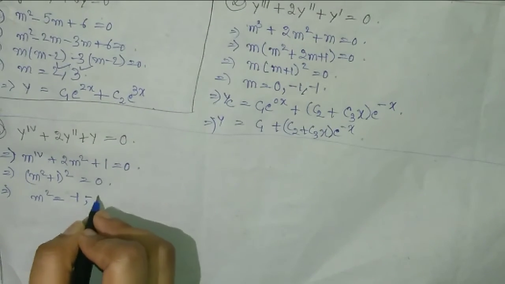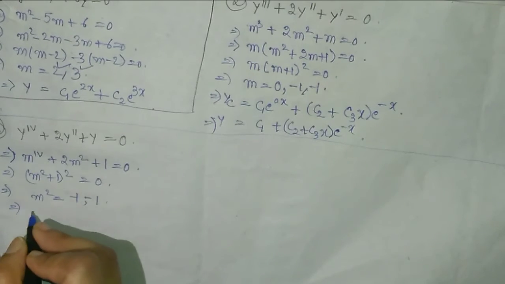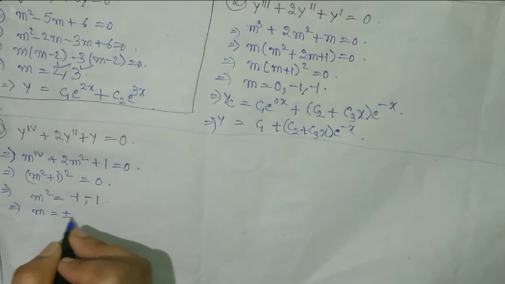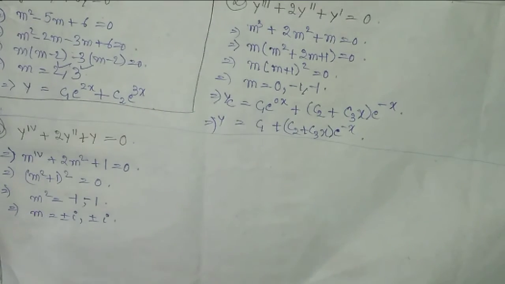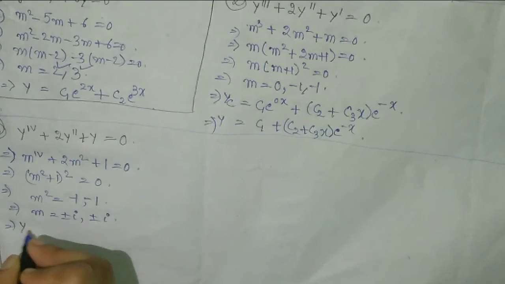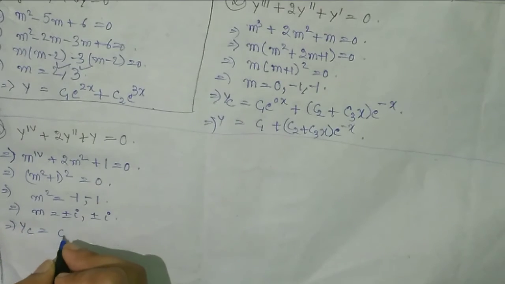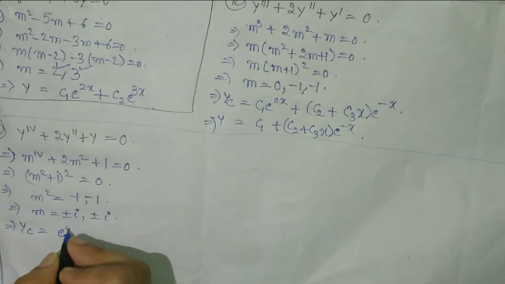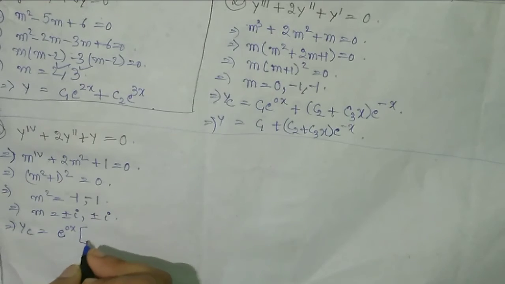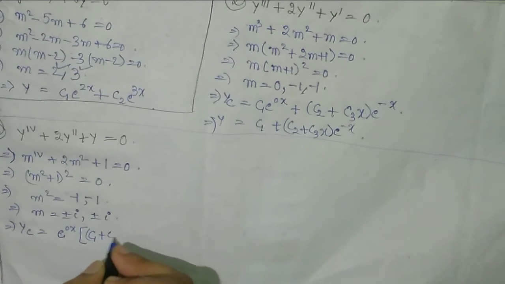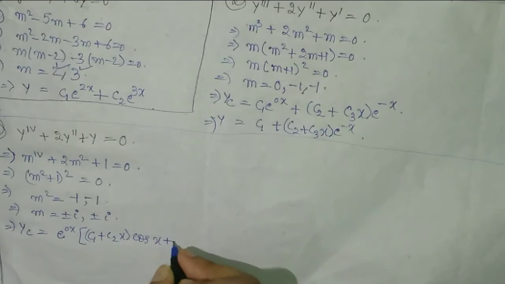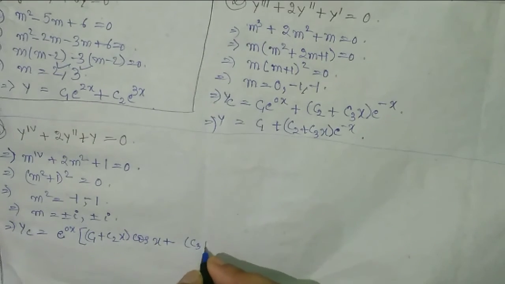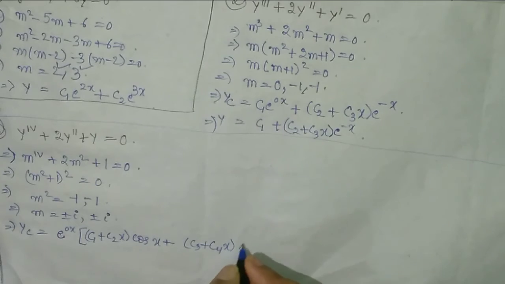From this we get m equals plus minus i, plus minus i. So here its complementary function will be e^(0x) into (c1 plus c2 x) cos x plus (c3 plus c4 x) sin x.